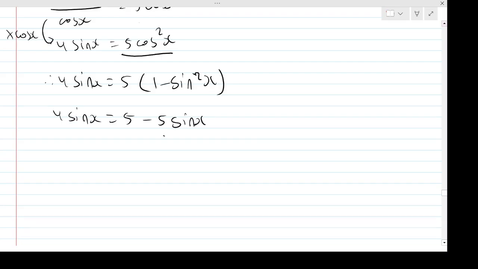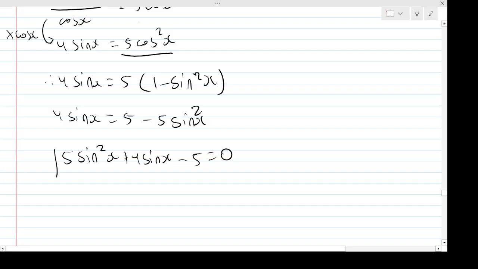If I then bring the right side to the other side, if I add 5 sine squared x to both sides, I get 5 sine squared x add 4 sine x, and then if I subtract the 5 from both sides, minus 5 equals 0.